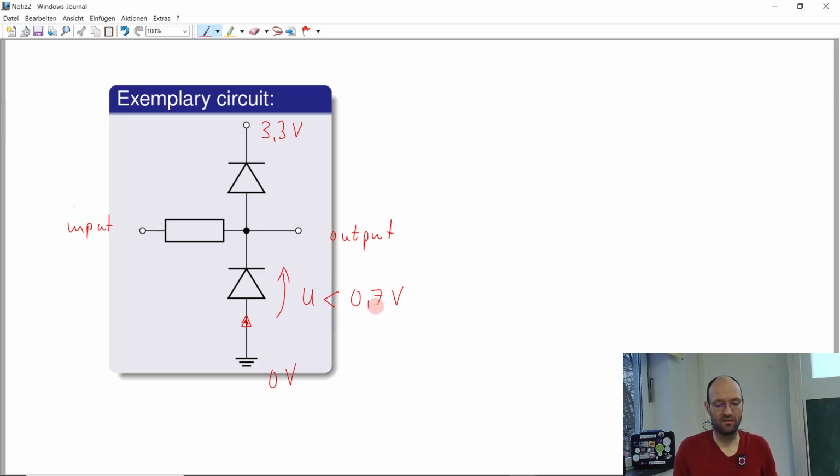Maybe let me take a different color for this, maybe green. So this diode can only carry a current in this direction, and then this voltage here will always be smaller than or equal to 0.7 volts. So this means if the input voltage, for example, is 0 volts, okay, nothing happens.